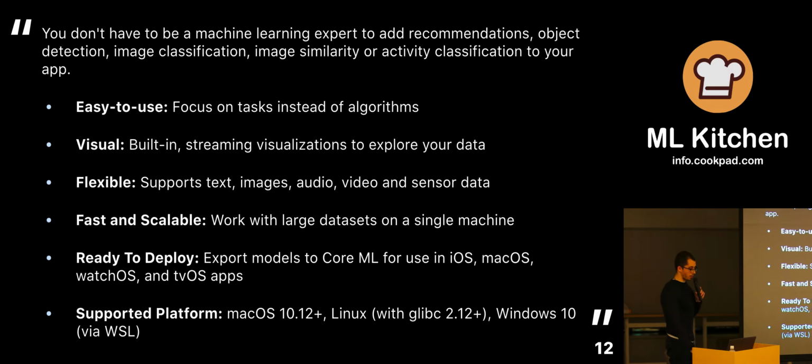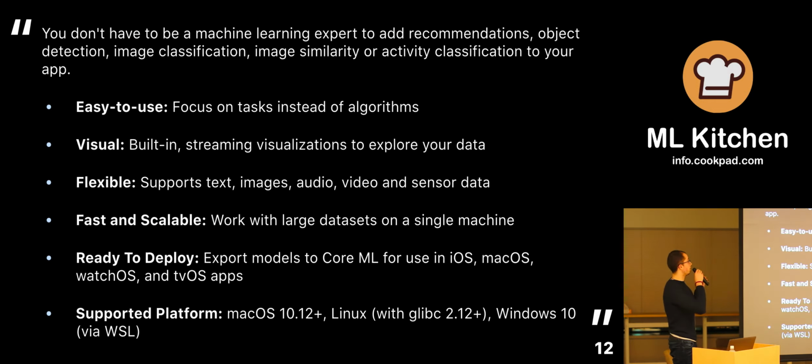And on their page, they say that you don't have to be a machine learning expert to have machine learning in your application. So when I read that, I was like, okay, this is perfect for me.